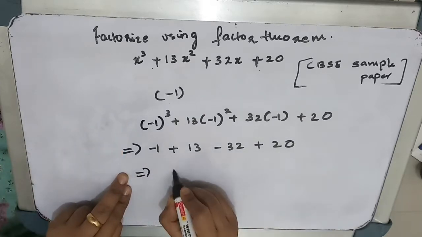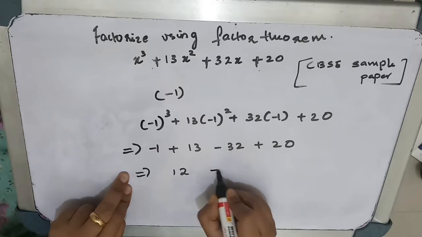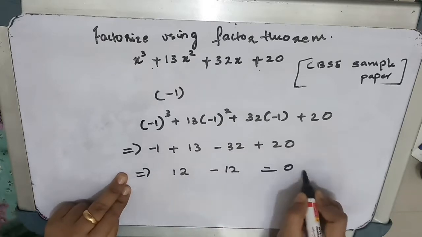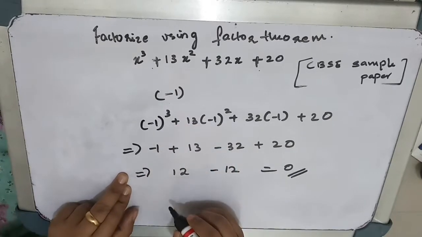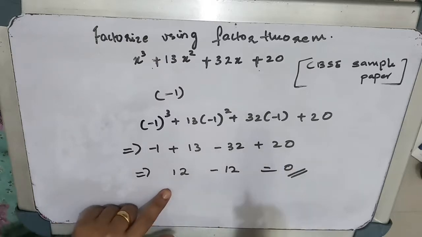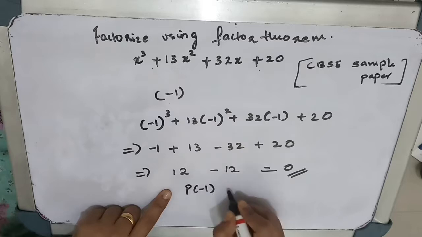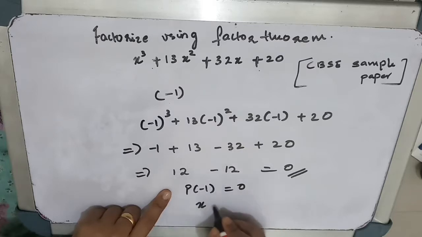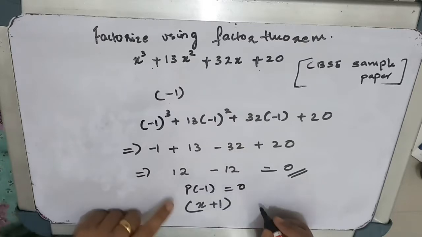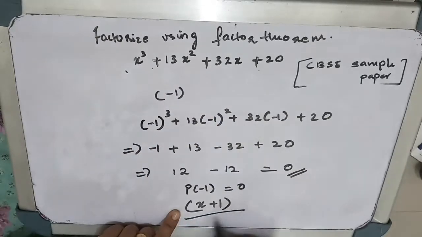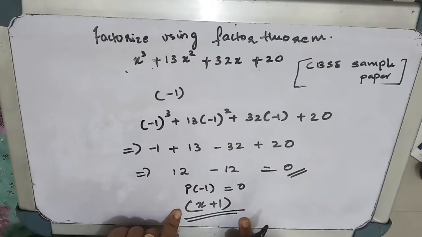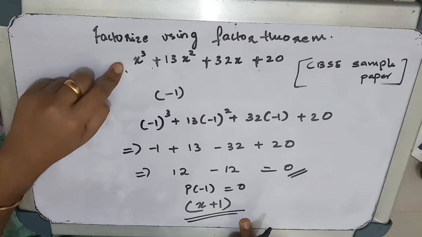Now this will be 12 minus 12, that is equal to 0. Therefore minus 1 is the zero of the polynomial p of x. Therefore we can say that p of minus 1 is equal to 0. Hence x plus 1 is a factor of this polynomial. So we have obtained one factor of the cubic polynomial given here.